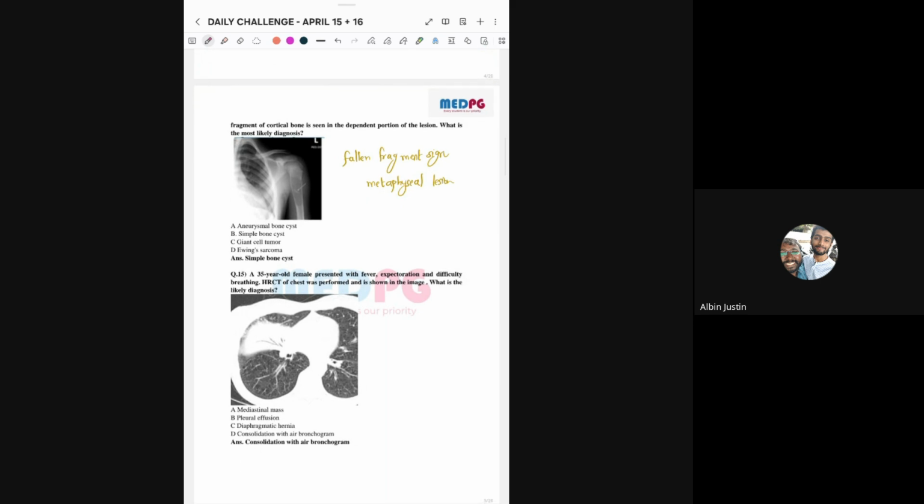So we have a fallen fragment sign, which is classical of SBC, simple bone cyst, or unicameral bone cyst.